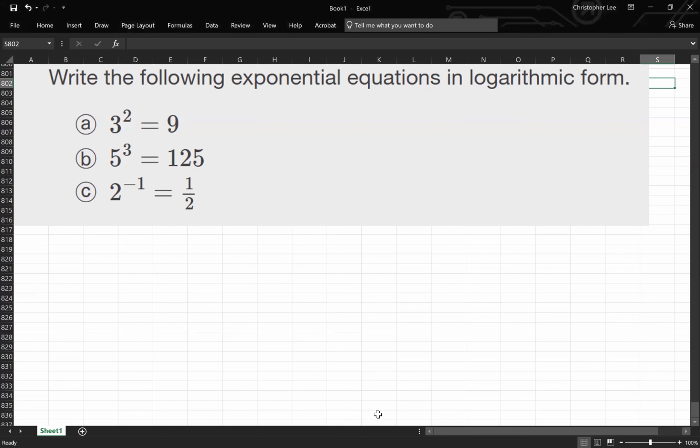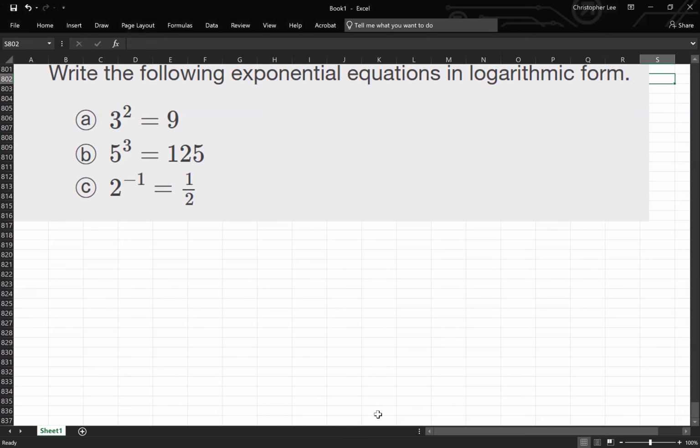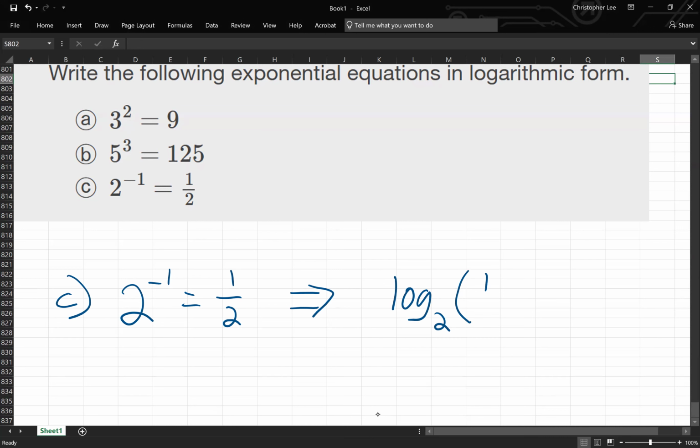Let's see C then. So for C, log of base what? 2 equals negative 1. Perfect. That's it.